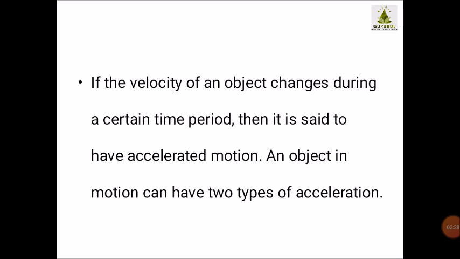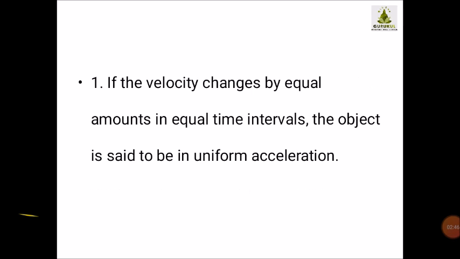An object in motion can have two types of acceleration. If the velocity is changing throughout the motion, then there are two types of acceleration that we are going to study now. If the velocity changes by equal amounts in equal intervals, the object is said to be in uniform acceleration.